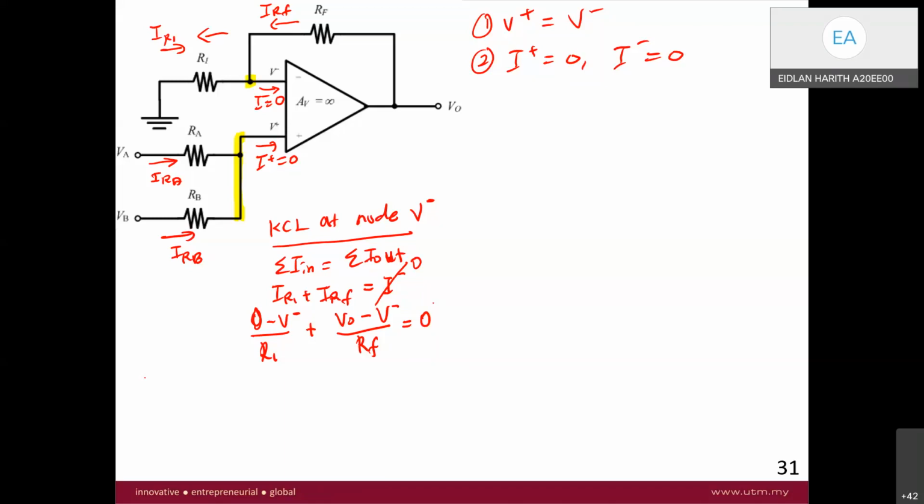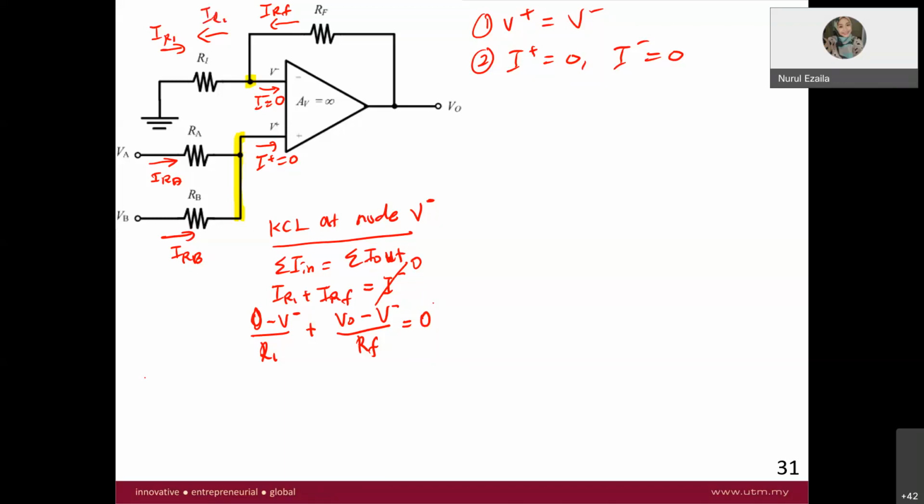Oh, okay. Idlan, it doesn't matter. If your current direction IR1 is to the left, that's okay. Let's say your IR1 is like this, it doesn't matter.